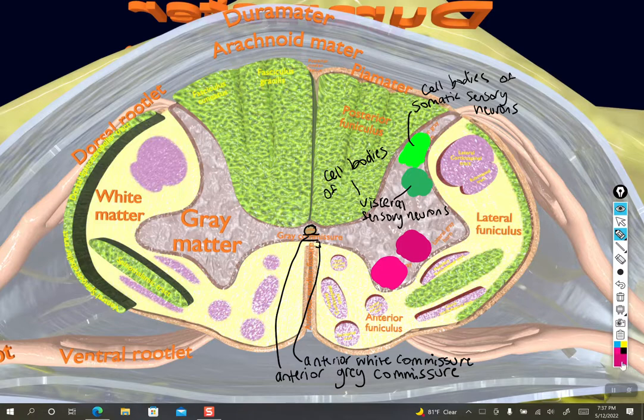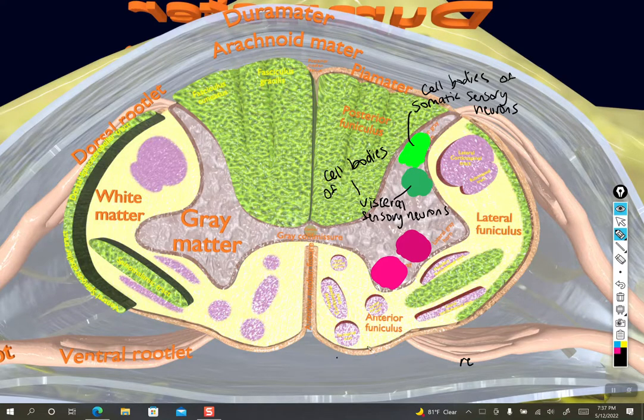Get rid of these commissures here. Those colors aren't quite as different as I would like them to be, so that's even worse. I'm just going to go ahead and assign this a reddish color. I think that will be better. Yeah, there we go. Okay.